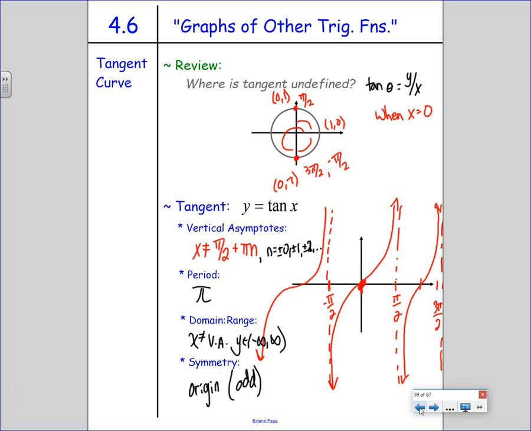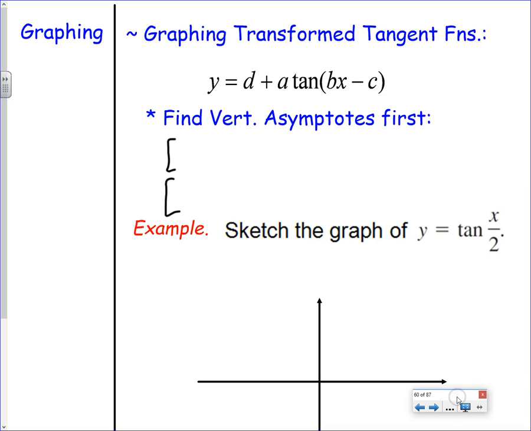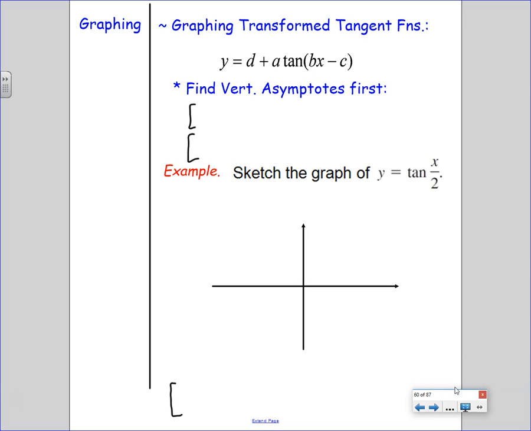Now let me go ahead and show you how to transform a tangent function, but let me give you a hint as to where to start. If vertical asymptotes are so stinking important, and if they come from x values, look right here at the argument. Look at what is inside the tangent. Take the dx minus c, the entire argument of tangent.